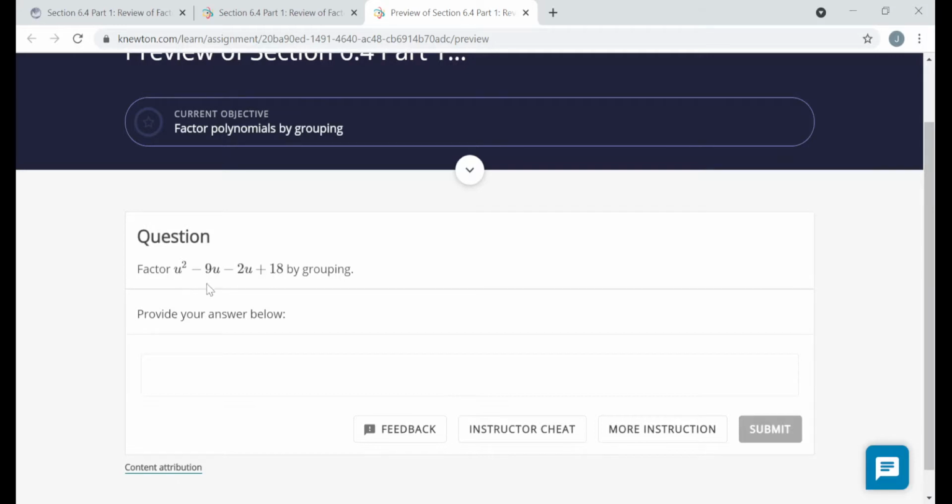The u squared, negative 9u, negative 2u, and then positive 18. Right? And the way we typically do factoring by grouping is by grouping in halves, right? Breaking up the 4 terms into 2 terms plus 2 terms, and I'll show you that on some paper as I go through and factor this by grouping.